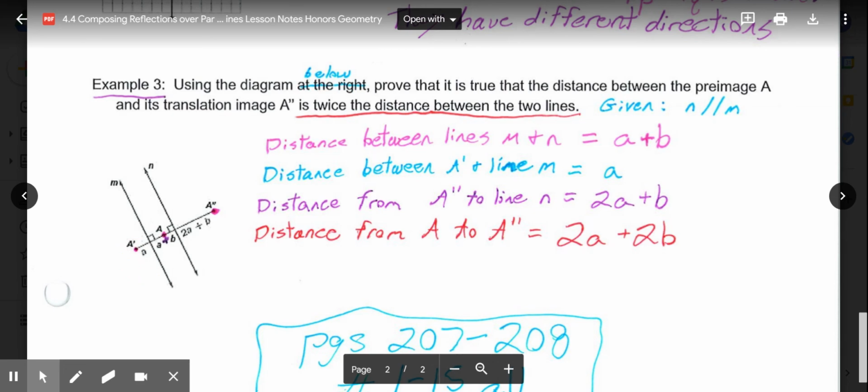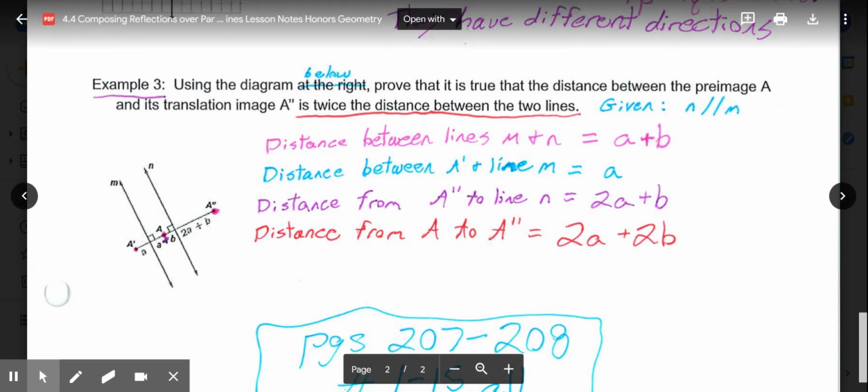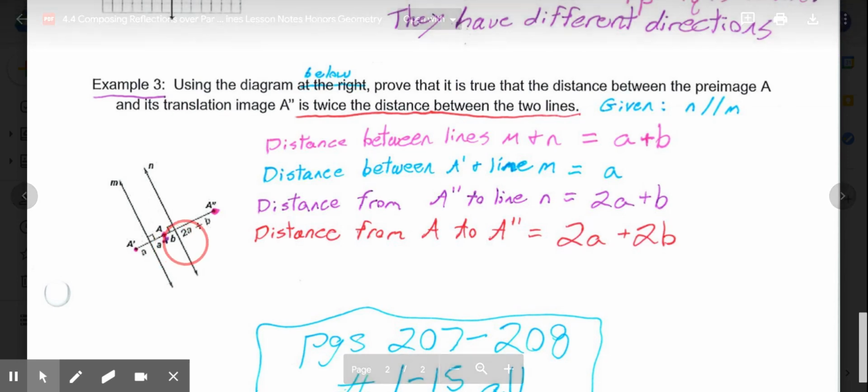And then we have the other piece of info, the distance from A to A double prime we can also look at. From A to A double prime, I have this B plus the 2A plus B. So that would be B plus B, or 2B, plus the 2A. So the distance from point A to A double prime is 2A plus 2B.